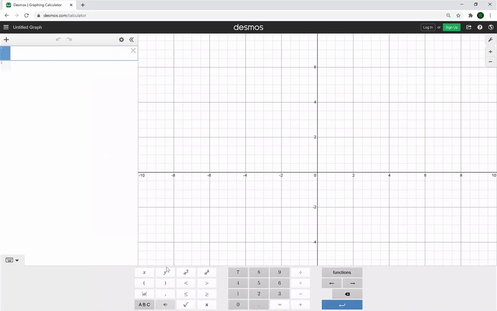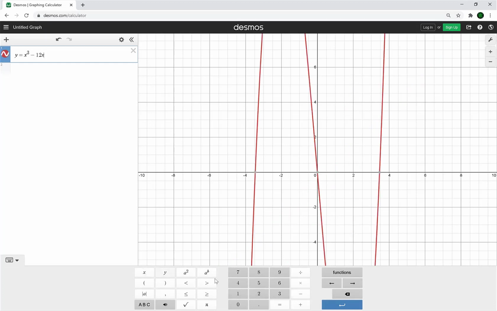What was it, guys? No, the original. x cubed? I thought it was 3x. Okay, x cubed minus 12x minus 5.